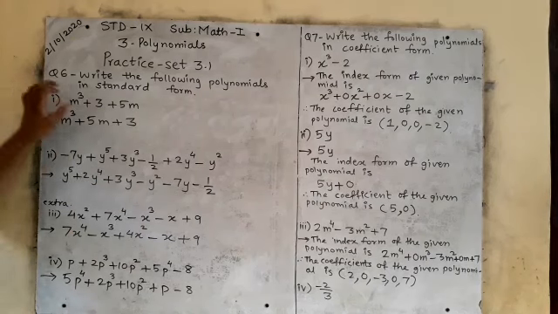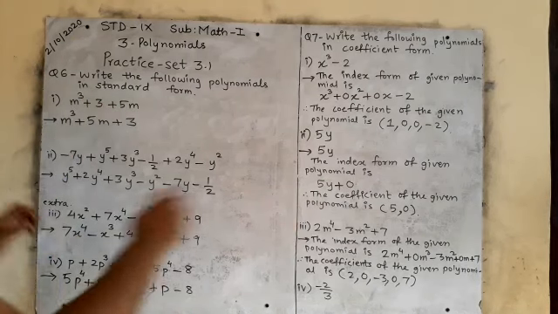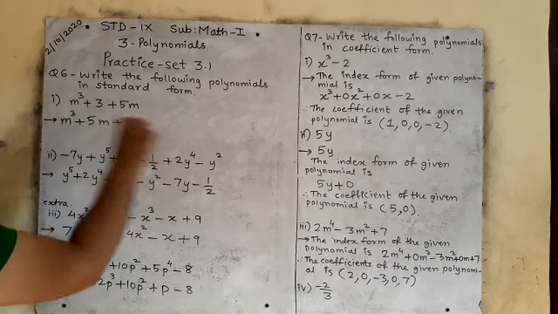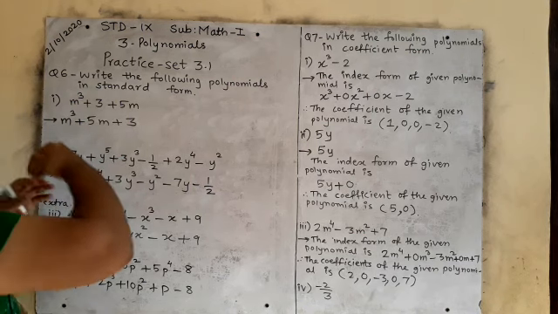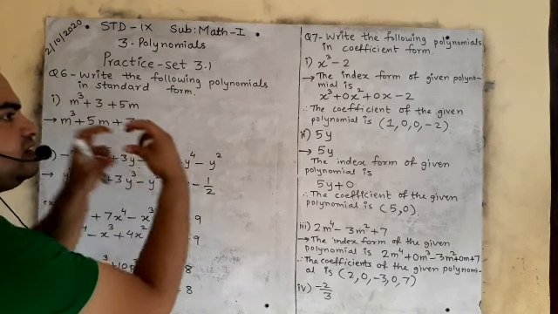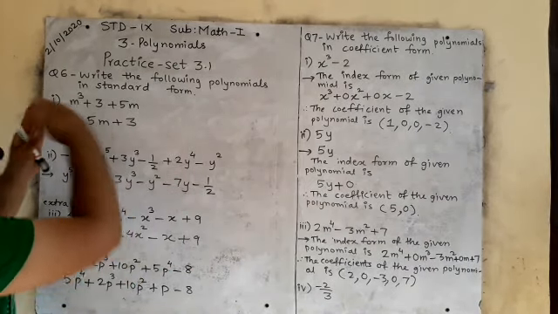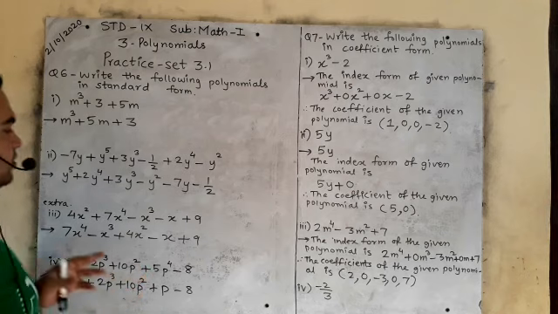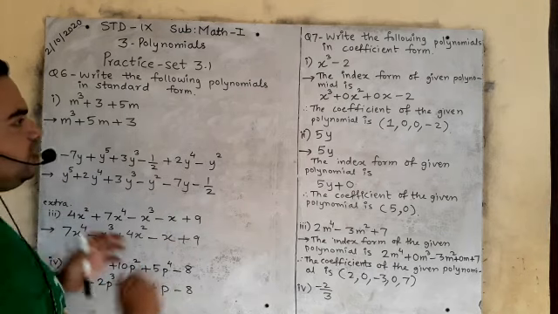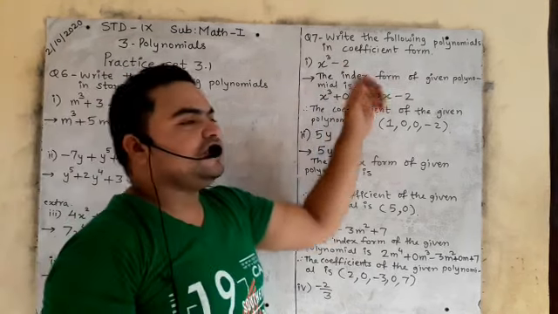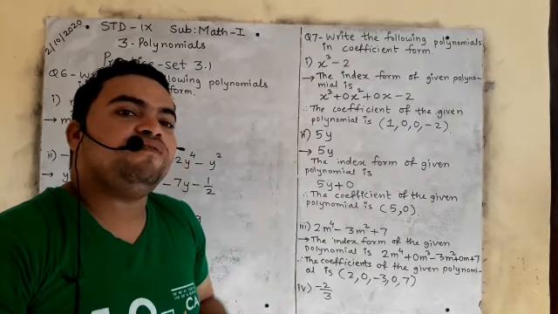First, question number 6, write the given polynomial in the standard form. We have to arrange this polynomial according to their index, bigger, smaller, smallest. It means we have to arrange them in the index in descending order, bada se chota, chota, chota. Then here we have to write the given polynomial in the coefficient form.